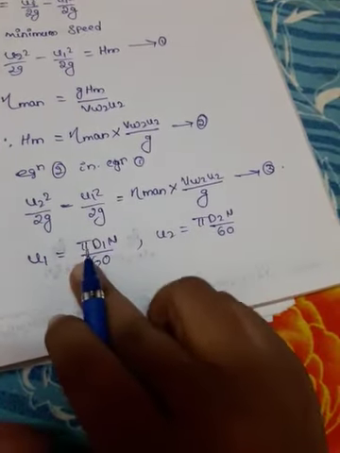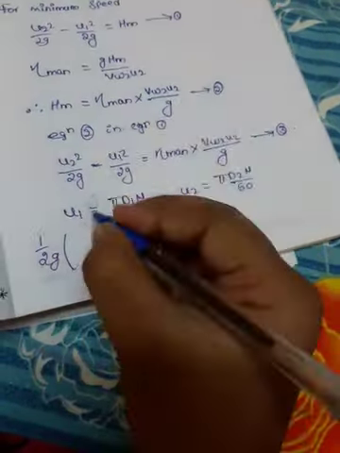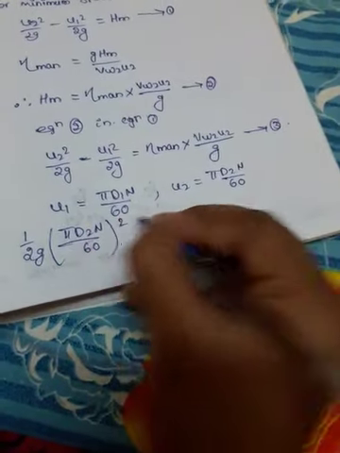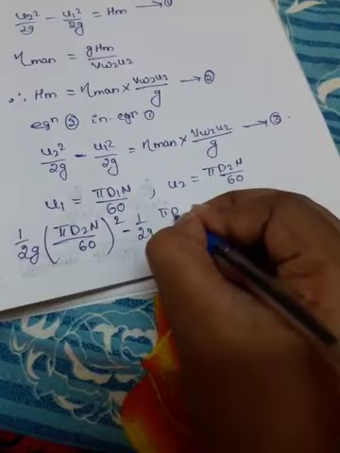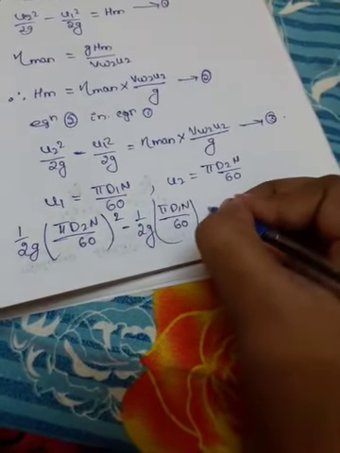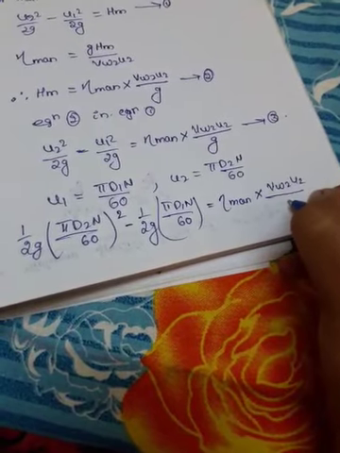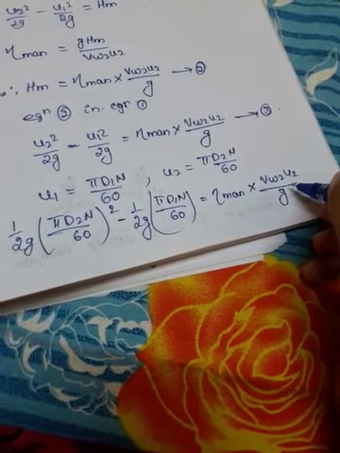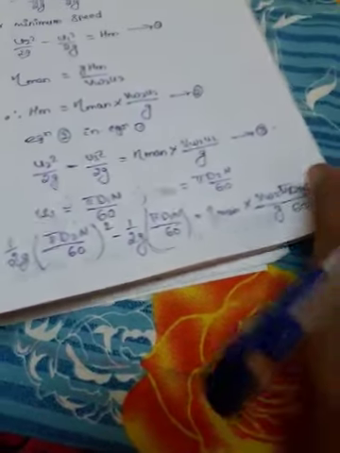Substituting these two tangential velocities in the above equation, 1 by 2g into (pi d2 N by 60) whole square minus 1 by 2g into (pi d1 N by 60) square equals eta MAN into Vw2 by g into u2, that is pi d2 N by 60.